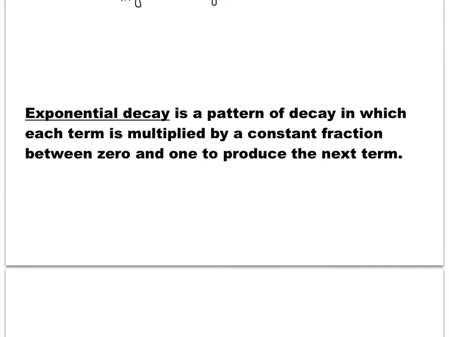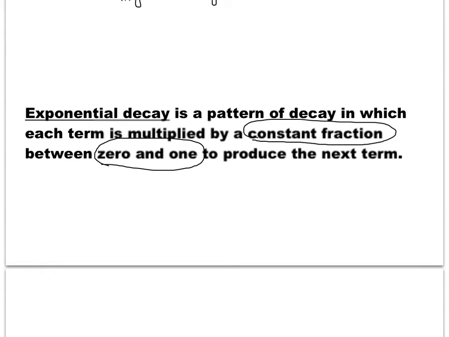We define an exponential decay as a pattern of decay in which every term is multiplied by a constant fraction, which is going to be between 0 and 1. So every term, you are going to multiply the previous term by a number between 0 and 1. This represents an exponential decay.